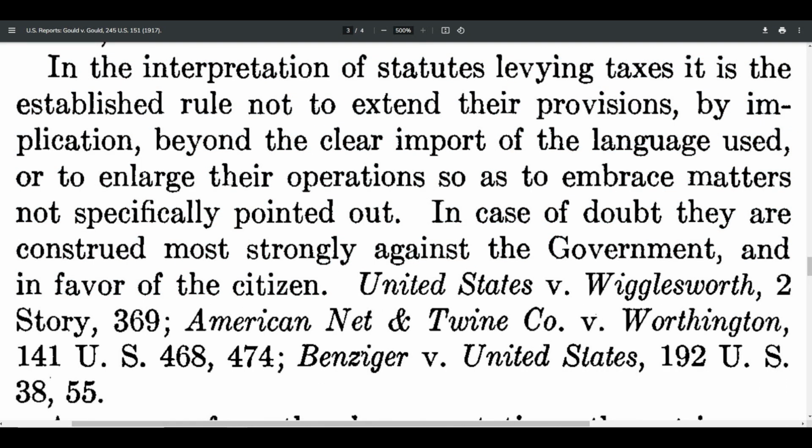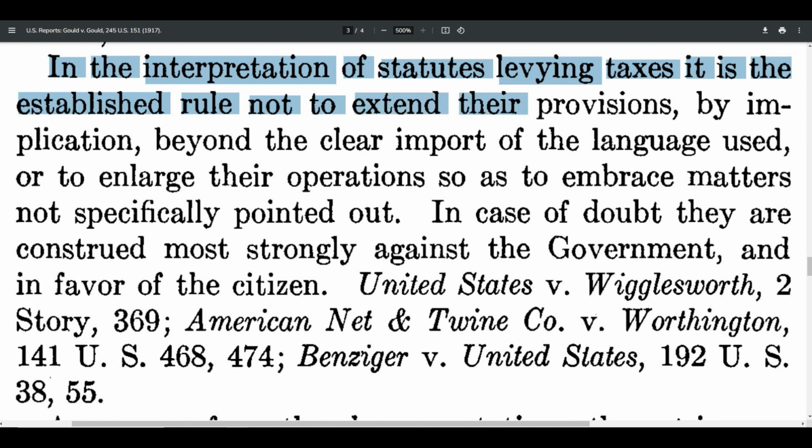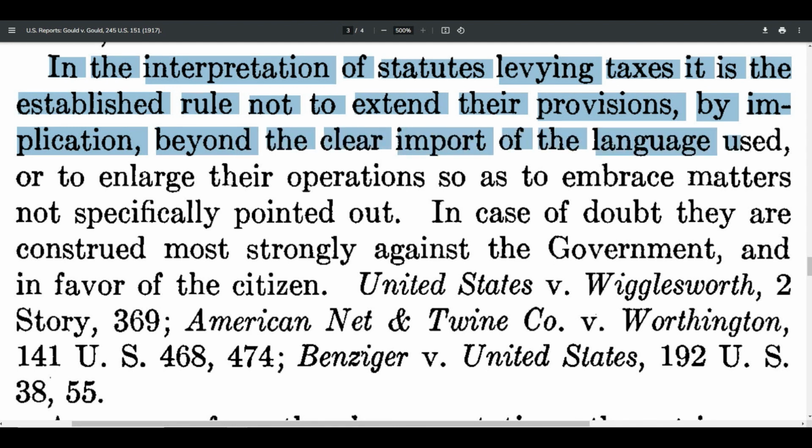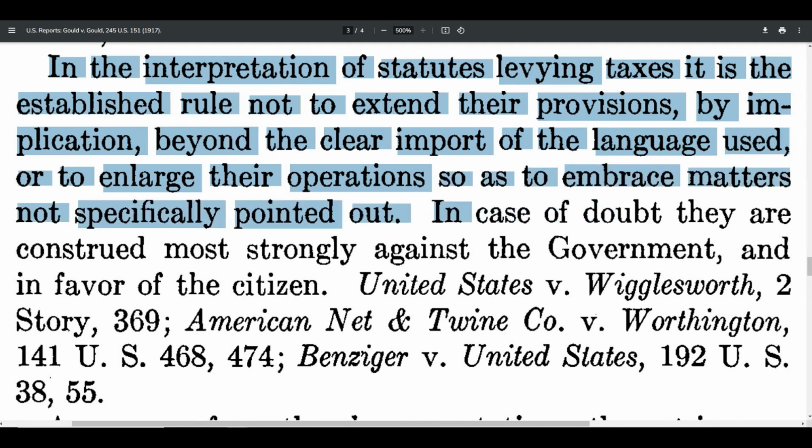Gould versus Gould, a unanimous 9-0 decision of the Supreme Court, says that in the interpretation of statutes, laws imposing taxes, it is the established rule not to extend their provisions by implication beyond the clear import of the language used, or to enlarge the operations of the tax laws so as to embrace matters not specifically pointed out.